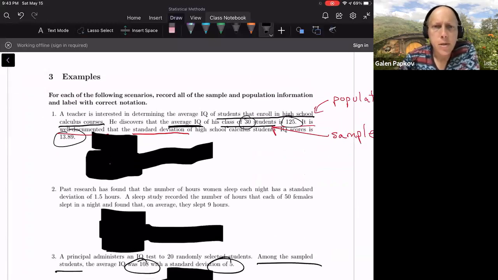A teacher is interested in determining the average IQ of students that enroll in high school calculus courses. He discovers that the average IQ of his class of 30 students is 125. It is well documented that the standard deviation of high school calculus students' IQ scores is 13.89. And so as I read through this, I'm doing two things. I'm figuring out which lines are referring to the population and which are referring to the sample.